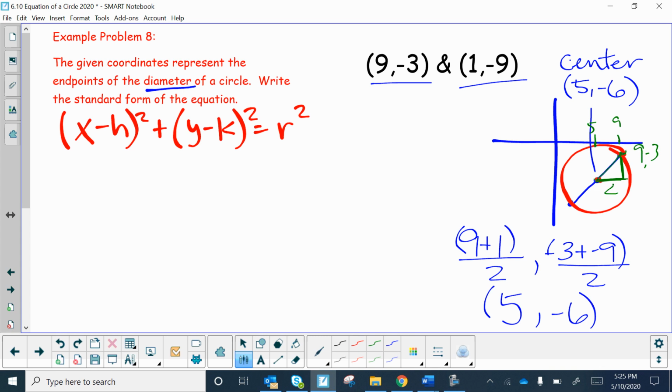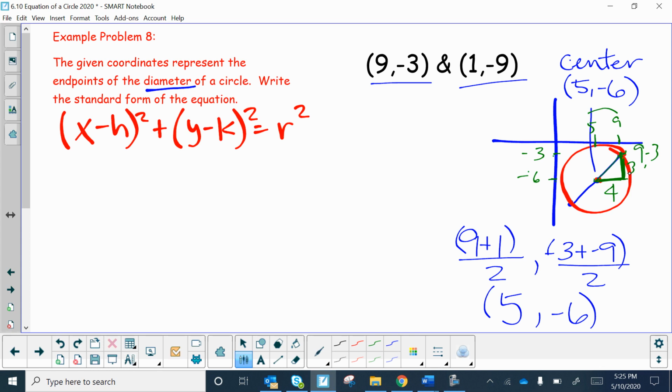So that right there is going to be a length of 4. If it goes from 5 to 9, then that means that length there is 4. Now this right here is -6, so we have that being at -6. And then this coordinate over here is -3, so that's at -3. So the vertical height there, going from -3 to -6, is 3 units long.